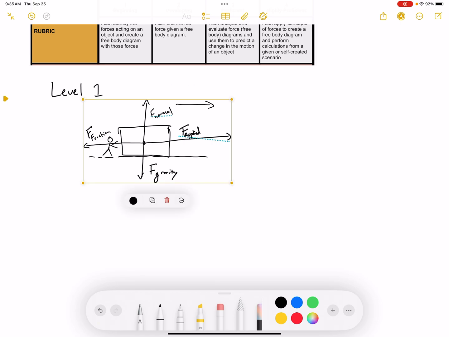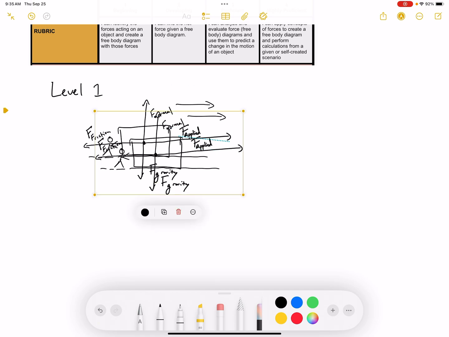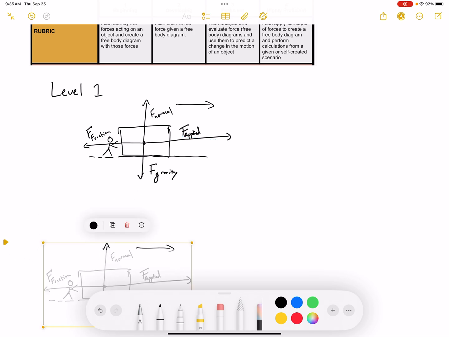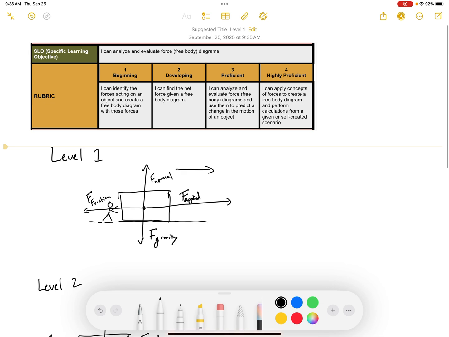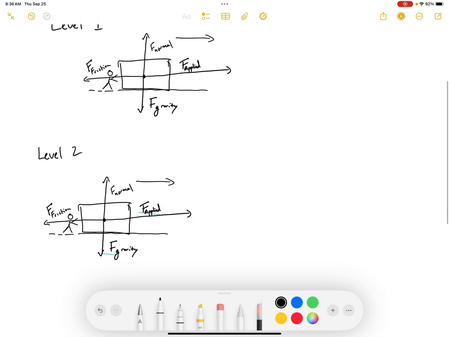Now let's take this, duplicate it, and move it down. Let's talk about what you have to do in order to get a level 2. For level 2 on this test, if I go back up to my rubric and read it, it says, "I can find the net force given a free body diagram."